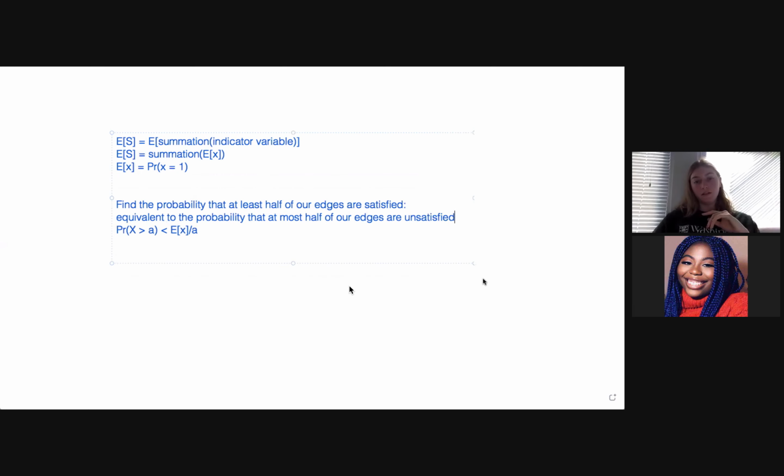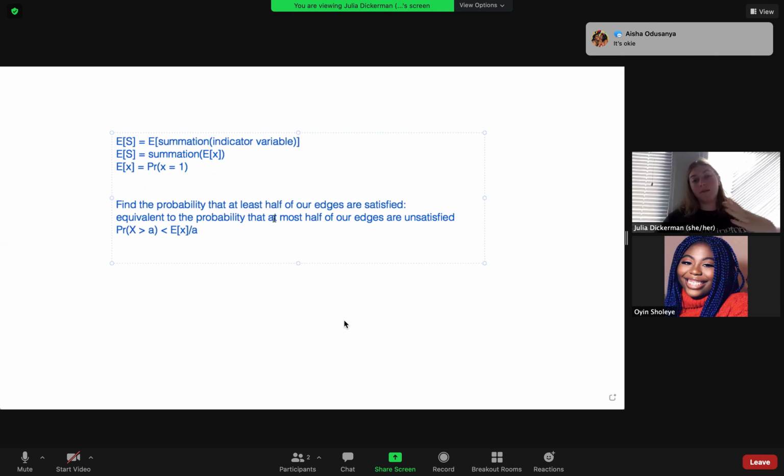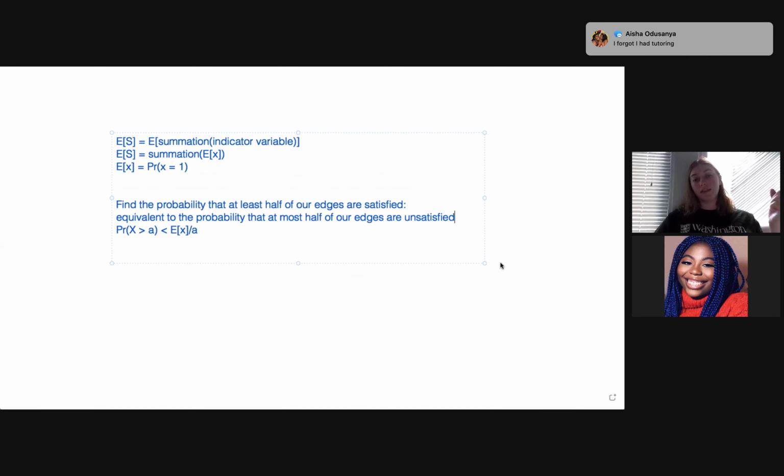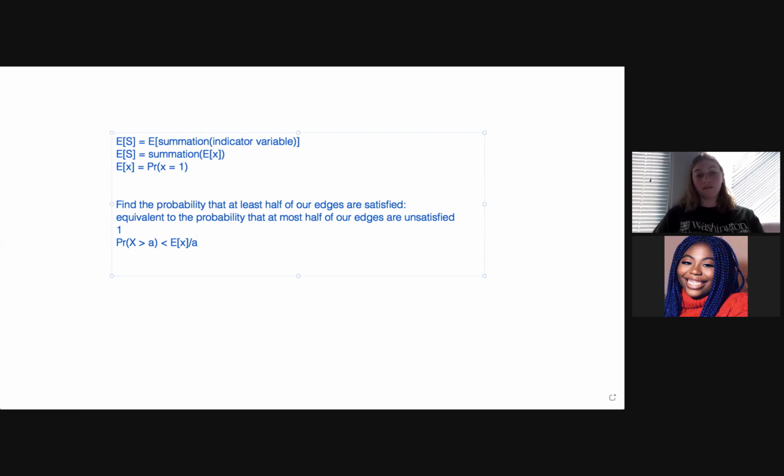Because if at least half our edges have to be satisfied, we're also trying to find the probability that at most half of our edges are unsatisfied. The reason that is nice is because we can say 1 minus that is going to be our answer.